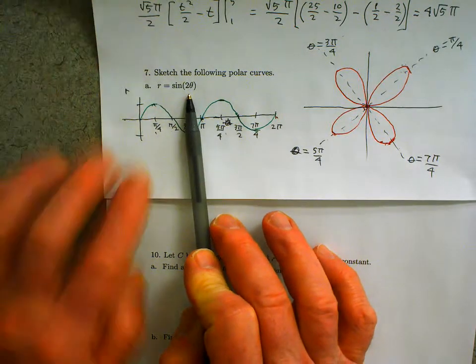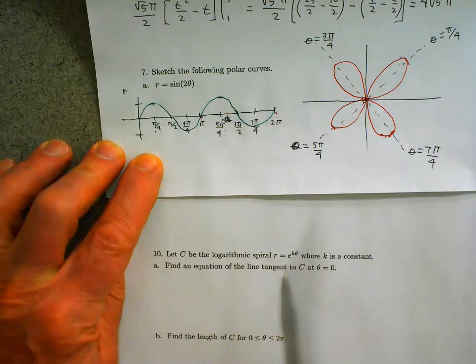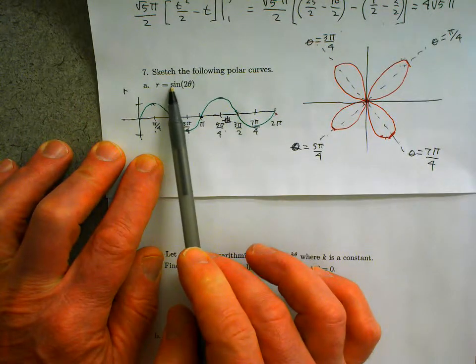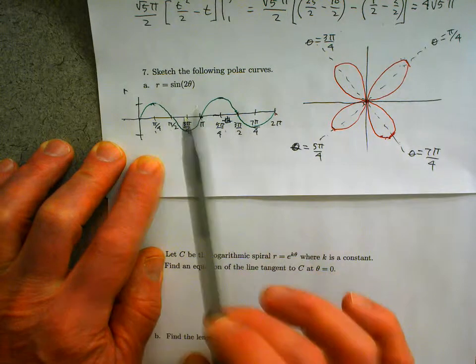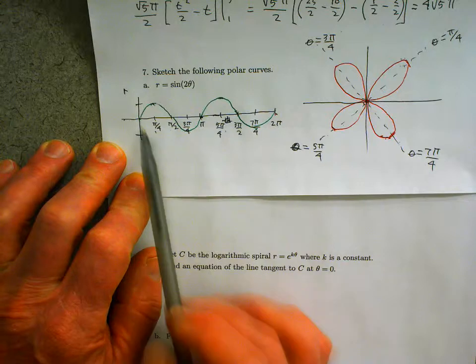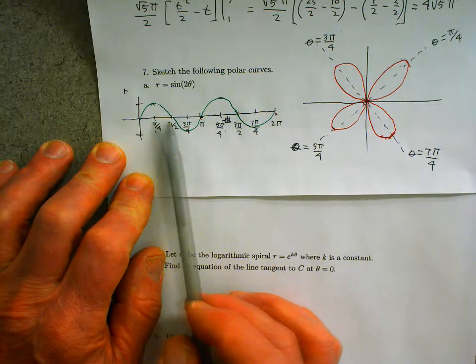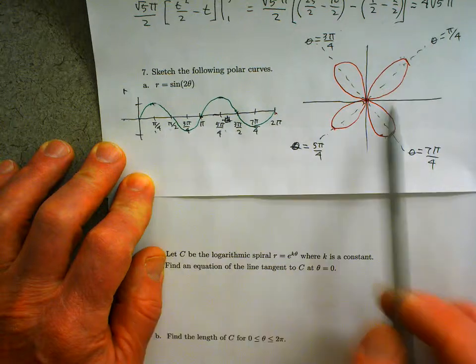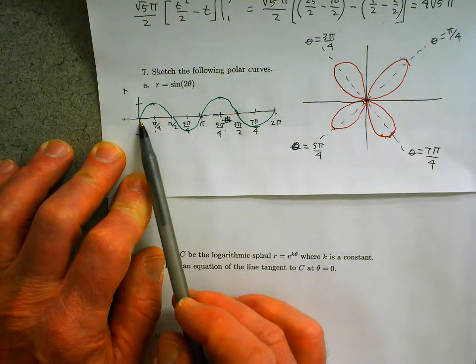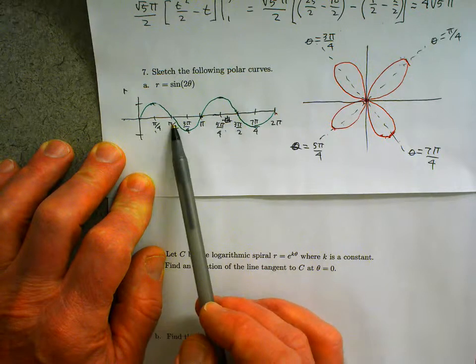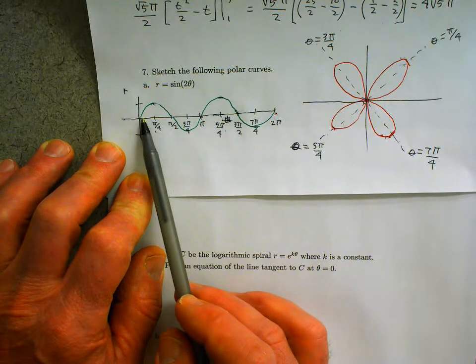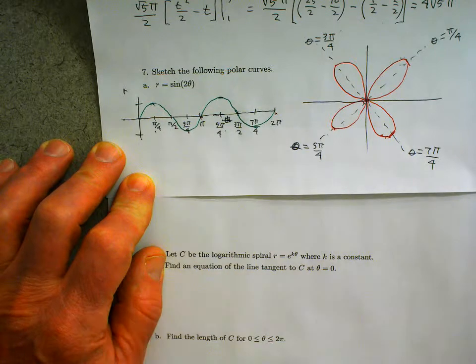The only difference between this one and the one in number 9 is that we have a 2 times sine of 2 theta. Otherwise, the graph is similar. And so we can use this graph to see what interval we need for one loop. So we can use the interval from 0 to pi over 2 to find the area of one loop.